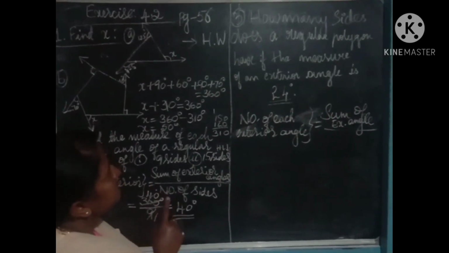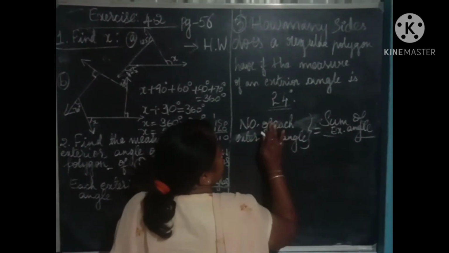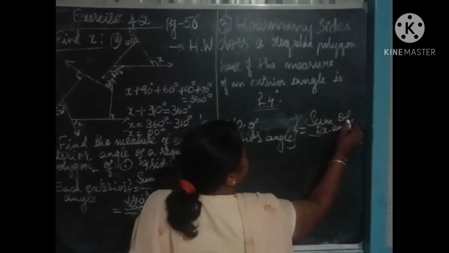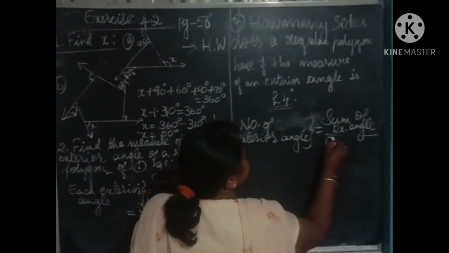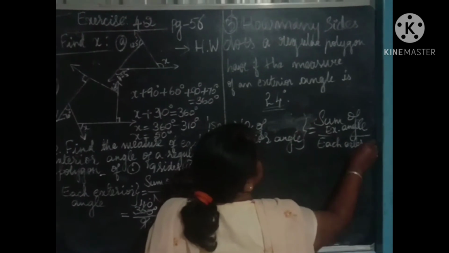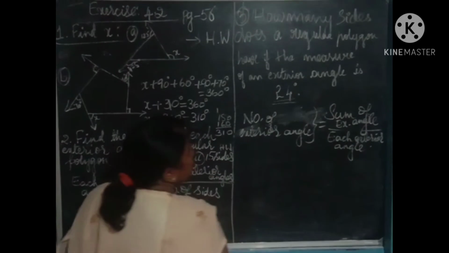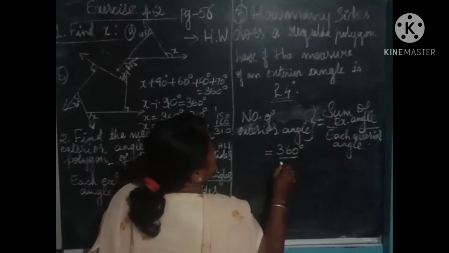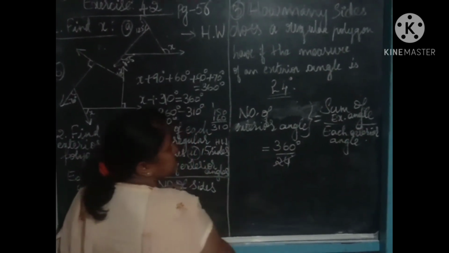If the measure of each exterior angle is given, then the number of exterior angles is equal to the sum of exterior angles divided by each exterior angle. Now that is equal to 360 divided by how much? 24 degree.